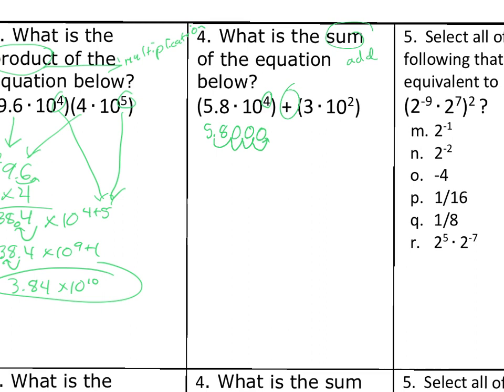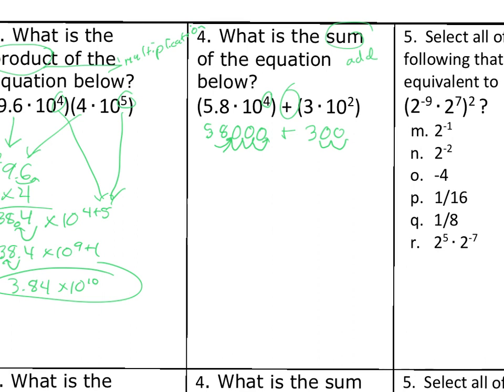So now I got 58,000. To make this more proper, that decimal we don't want there. So 58,000, comma there. Okay, that's good. Plus 3, and that decimal goes over 2 times. So 1 and 2 times there. So we got 58,000 plus 300.